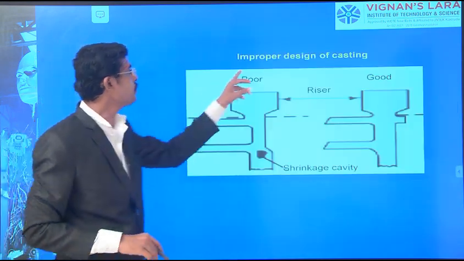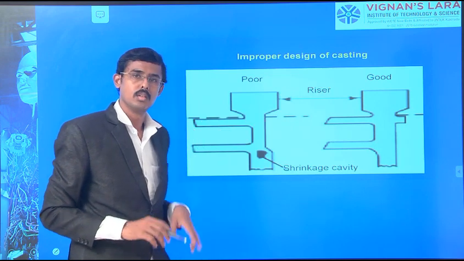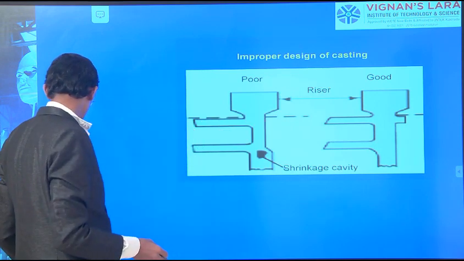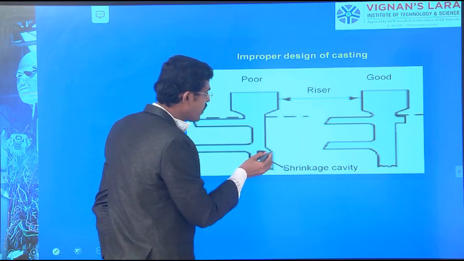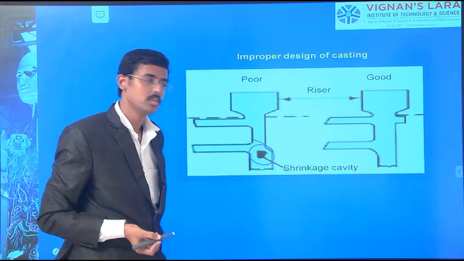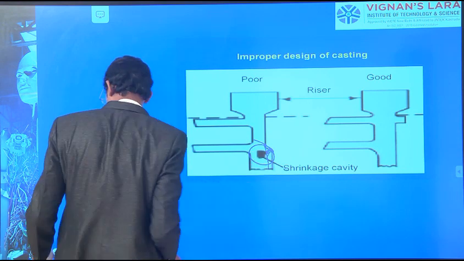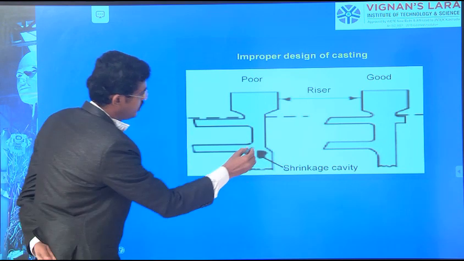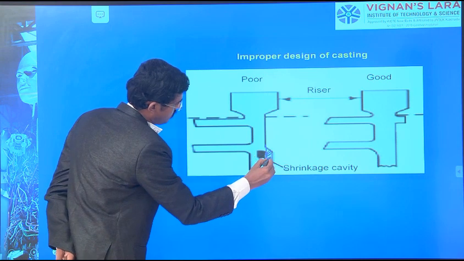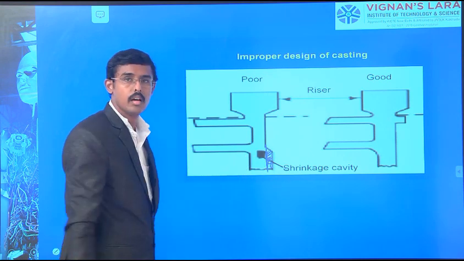Second one, the improper design of casting. The improper design happens here. How can we fix it? I have terminated this design. This part I have taken out. This part I have taken out. This part I have taken out. I have kept it straight, and I did one more design.